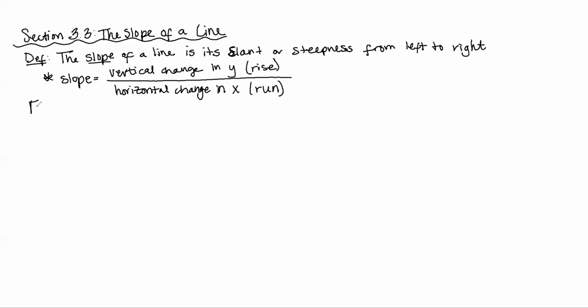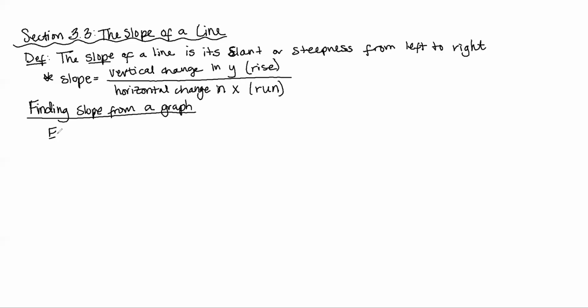And so the first thing we want to do is find slope from a graph. This is the part that's usually a little bit easier. And we're going to do this, and then we're going to use what we do in finding it from the graph to find a general equation for slope given 2 points.